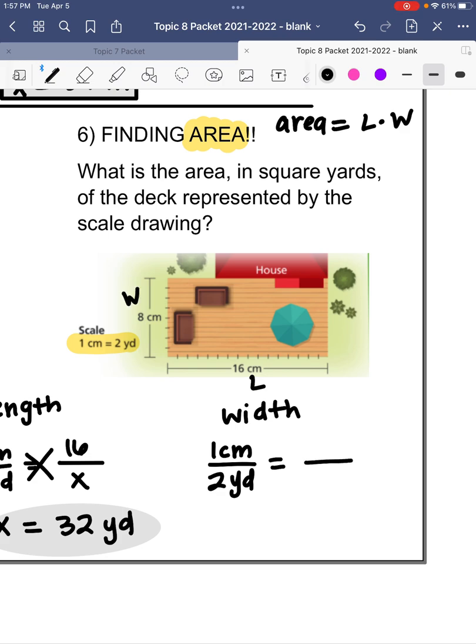So where does the 8 go in my second fraction? Well, because it's centimeters, it goes on top. And I'm trying to figure out what goes on the bottom. So now I cross multiply. X times 1 is just going to be 1x, or just x. And then 2 times 8 is 16. So x equals 16 yards.